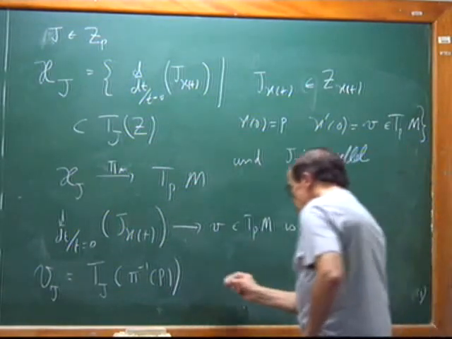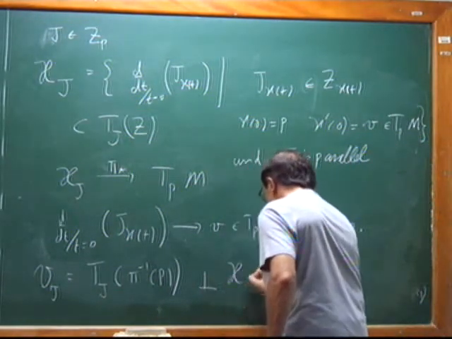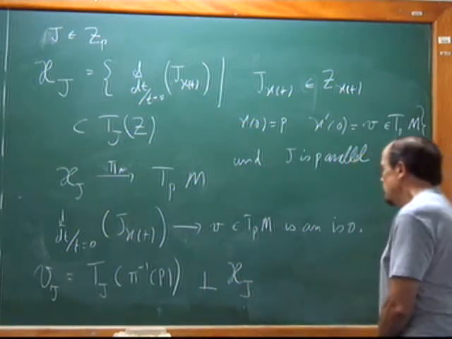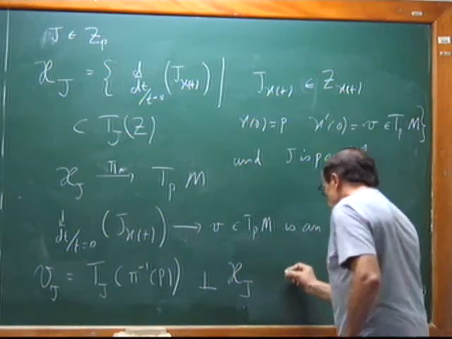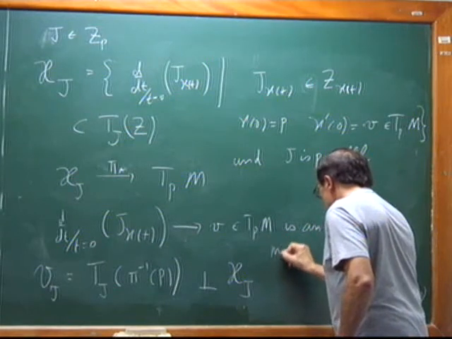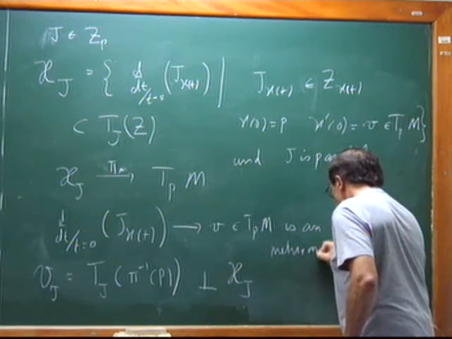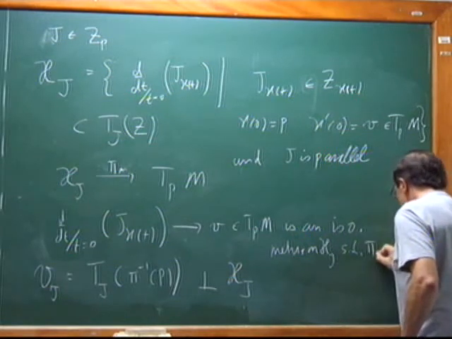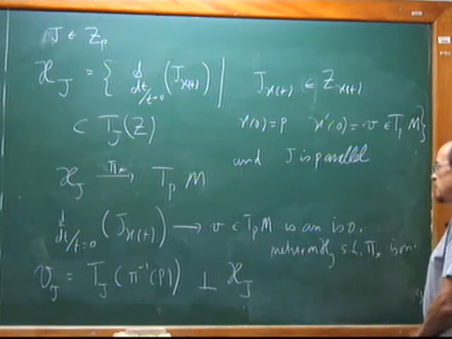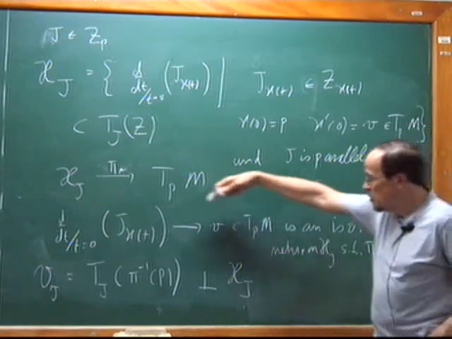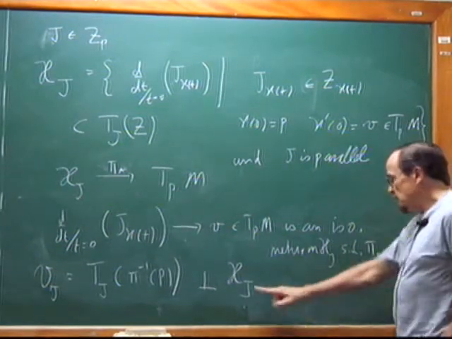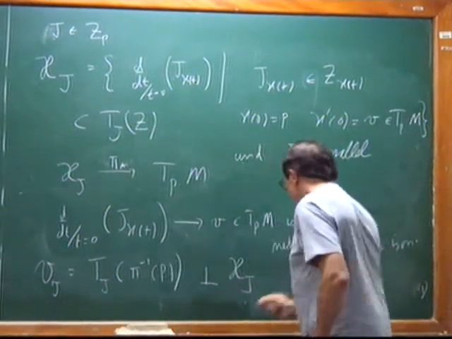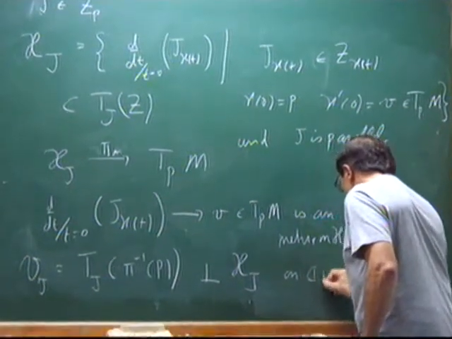And now I simply say, well, make this orthogonal to the horizontal space. Pull back the metric on H_J, such that π star is an isometry. This is an isomorphism. I have a metric here. I pull it back to the horizontal space. I make these two orthogonal, and on the fiber, on CP1, I have a natural metric.